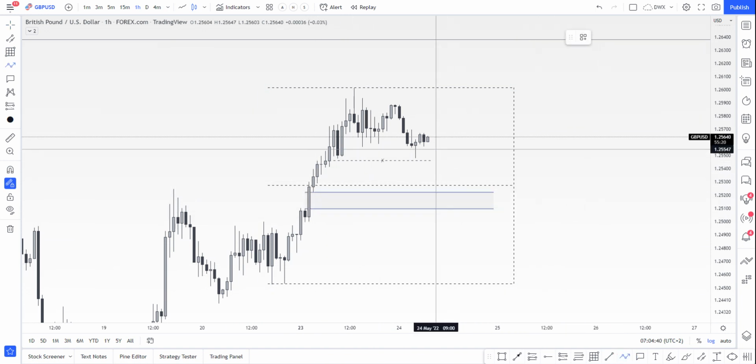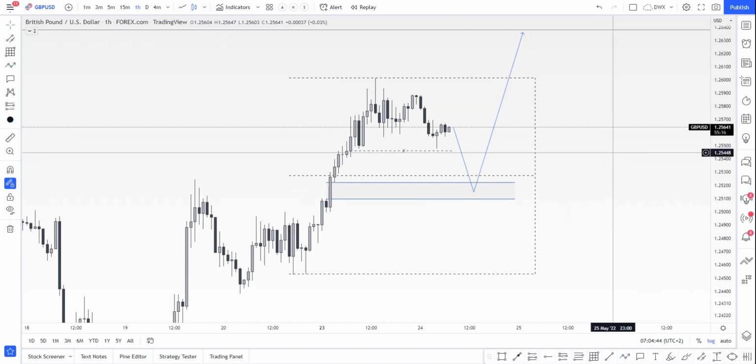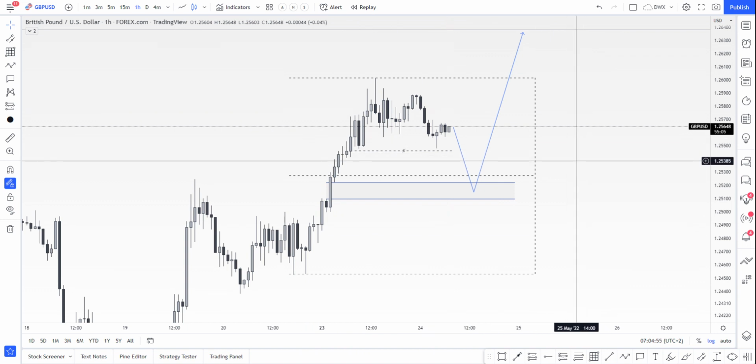So this would be the ideal scenario for price to move, the textbook setup. And obviously you don't get this every day. For beginners and new traders, you often see one textbook setup and then expect to see that every day. But the reality is it doesn't happen every day exactly the same way.